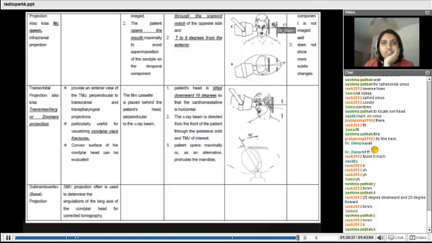Now look at this film over here. Here we have the film, and this is how the film is. The patient opens the mouth maximally. This is the third time we are coming across a particular X-ray where the patient is opening the mouth. Okay, why is he opening the mouth? Because we want to avoid the superimposition of the condyle on the temporal component. When we talk about the temporal component, it's the upper part of the TMJ, the temporal part of the TMJ. We want that to be separated. Okay, now how does the X-ray go?